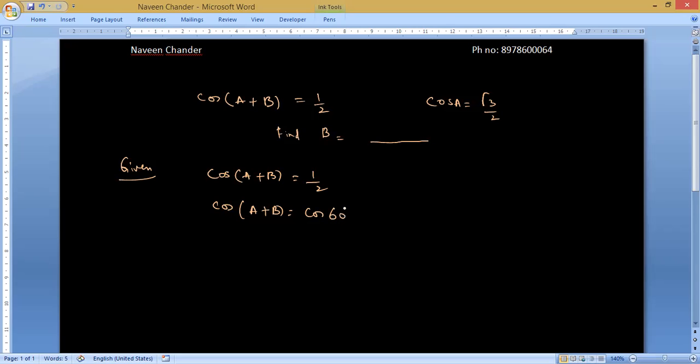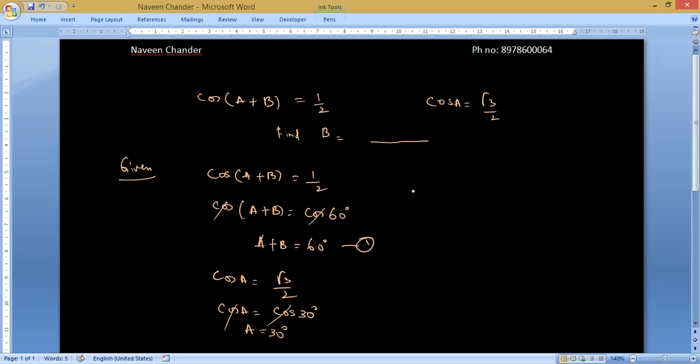So I'm cancelling cos. So A plus B equal to 60 degrees. Already cos A is given. What is cos A? Root 3 by 2, that is 30 degrees. So cos A is equal to cos 30. So I'll cancel cos.